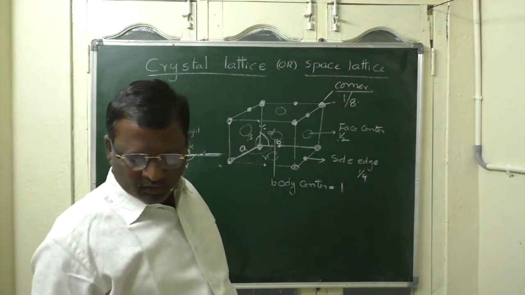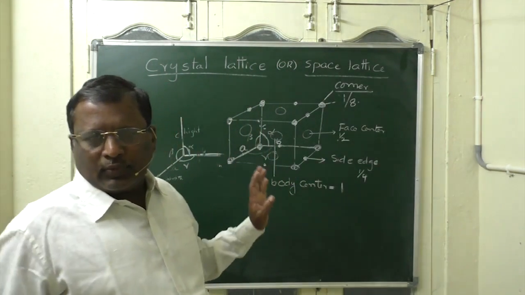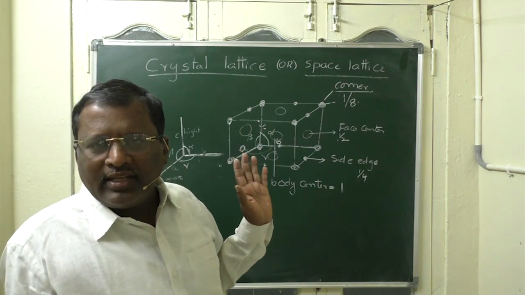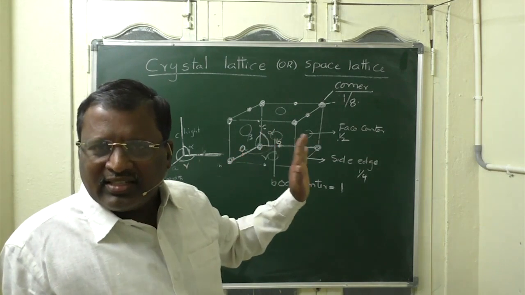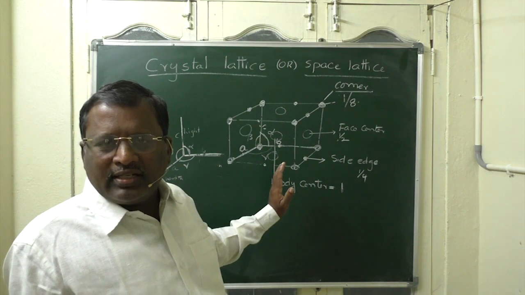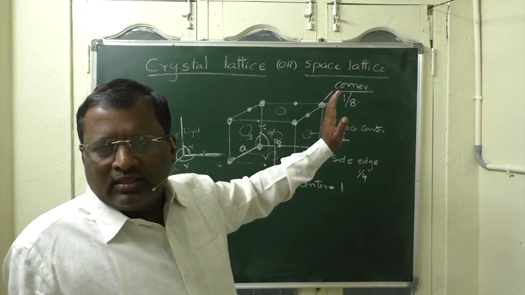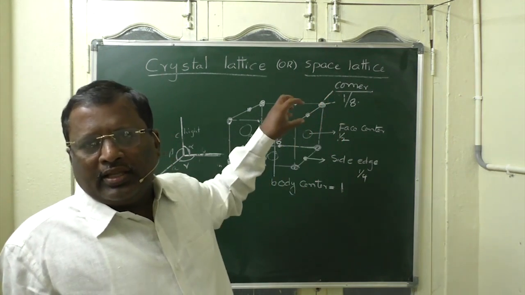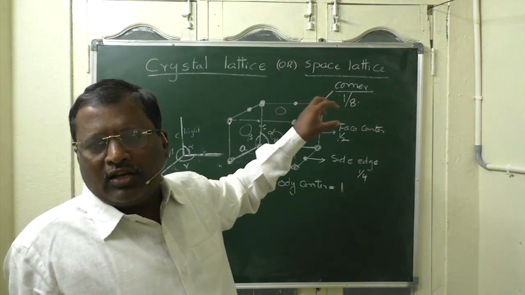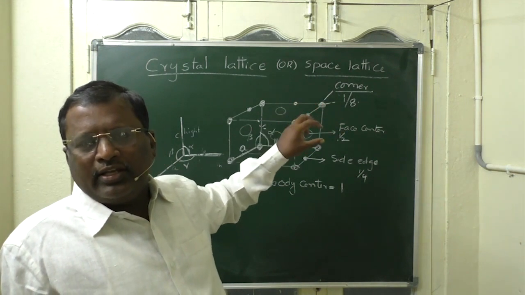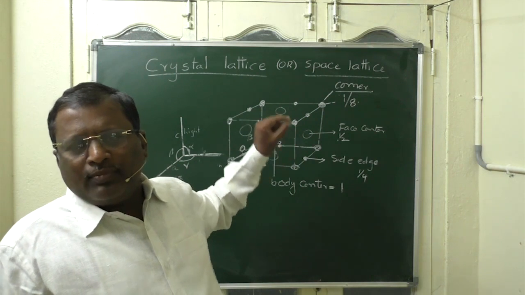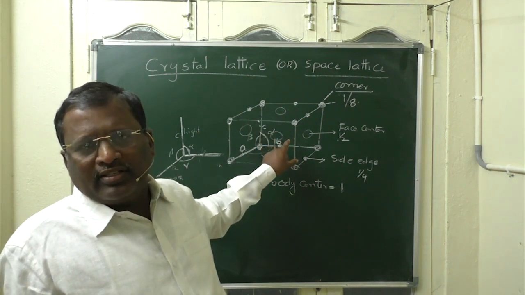So, we have these lattice points. One is corner of the unit cell, another one is face center, third one is body center and fourth one is side edge. The atoms which are present at the corner of the unit cell are shared by 8 unit cells, so only 1/8 belongs to this particular unit cell.